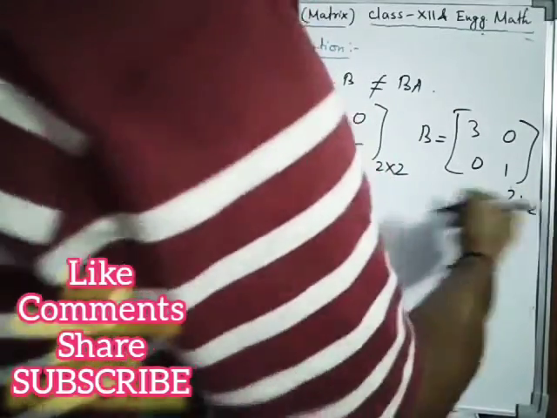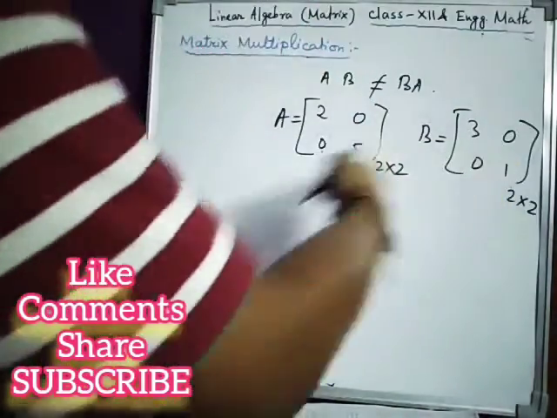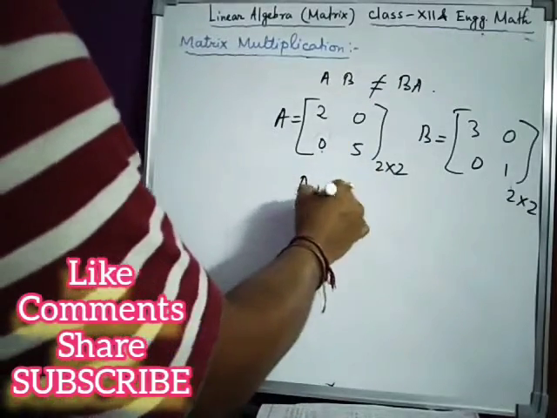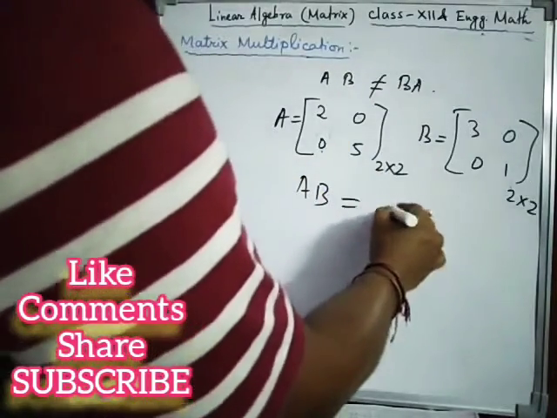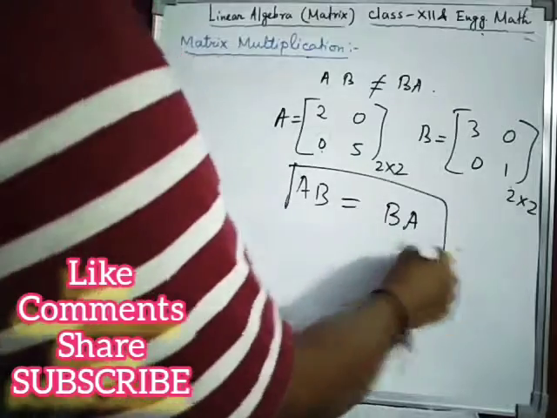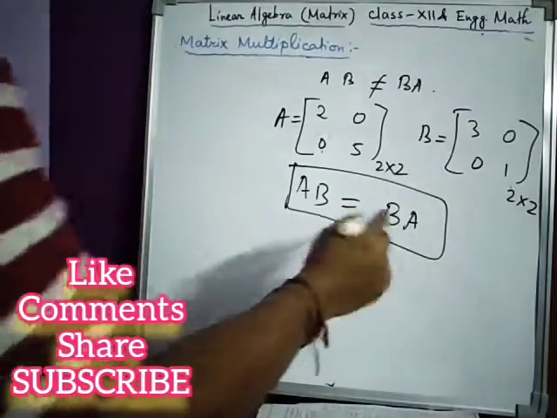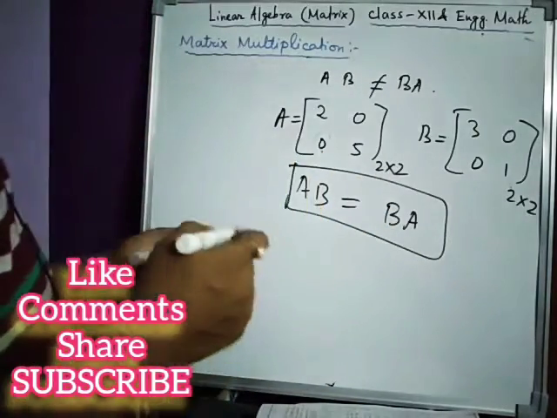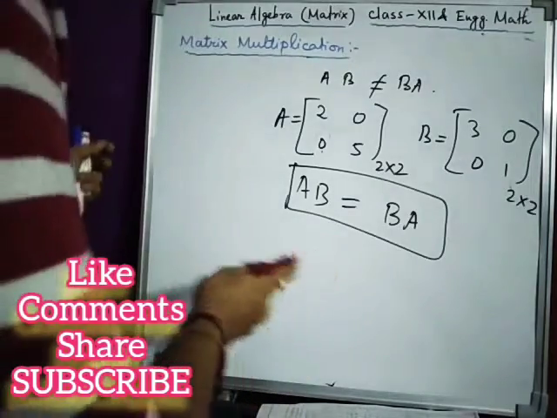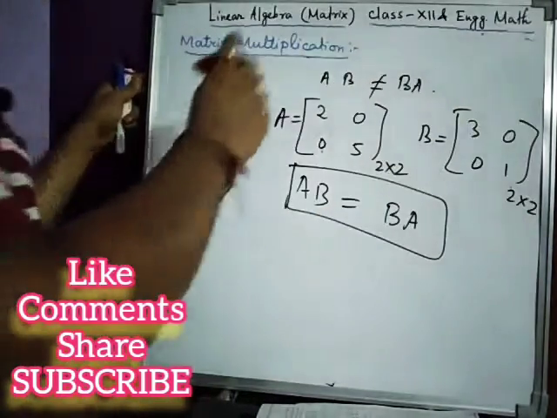It is also of the same order, and both are diagonal matrices. In that case, if you multiply AB and if you multiply BA, they will be the same. This is the only condition where AB and BA will be the same: when there are diagonal matrices of the same order. So this is all about matrix multiplication.